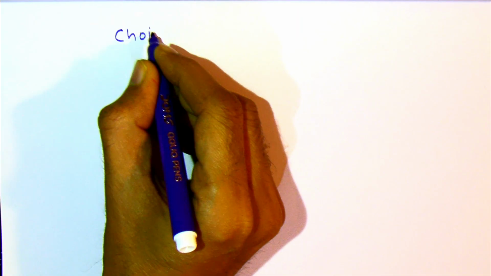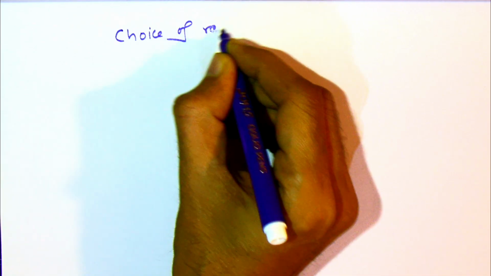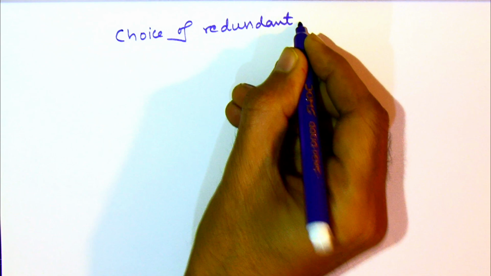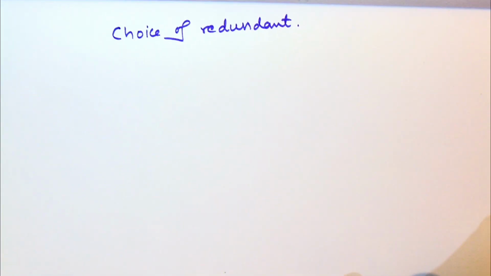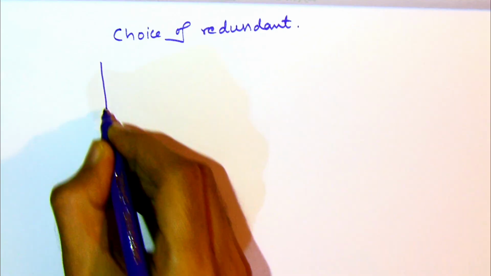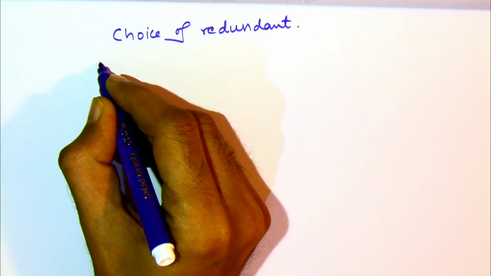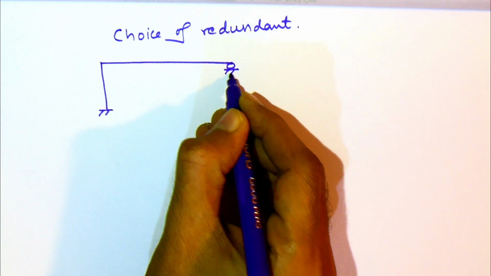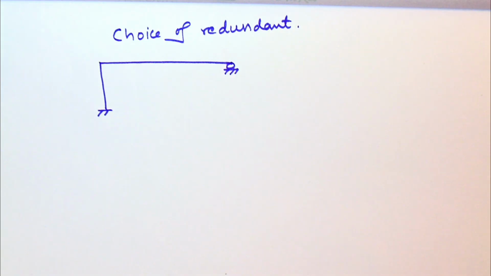Now the next question is, how do we choose redundant? I am deliberately choosing an internal force as redundant for the purpose of illustration. Otherwise, we have solved one example before where we had chosen external reaction as the redundant.